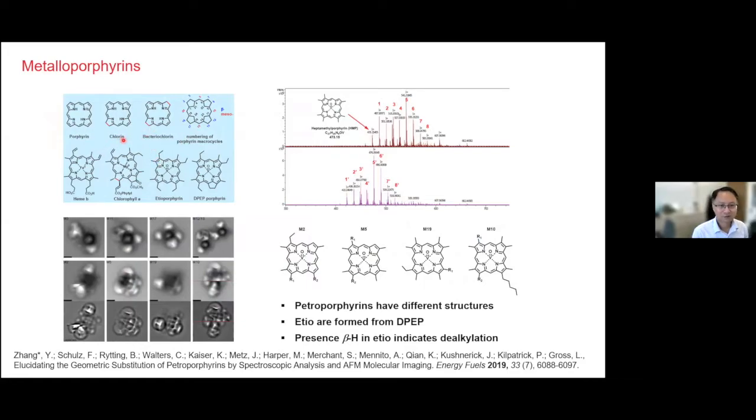We study these structures to understand their evolution. So these are the porphyrin, chlorin, and the various etio and DPEP porphyrins previously characterized from petroleum. We isolated the purified petroporphyrins, studied them with FT-ICR mass spec, identified these 8 peaks, and then we used AFM to image the structure. And disappointingly, this image does not readily give us the porphyrin structure.